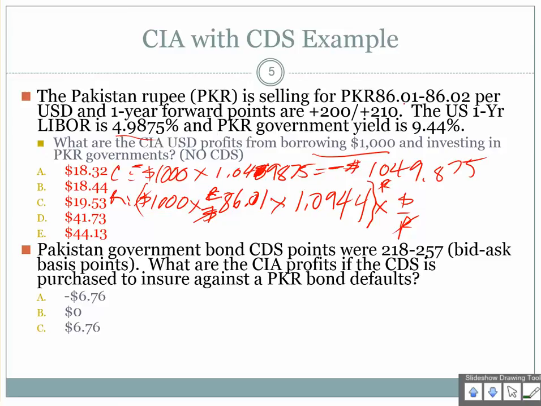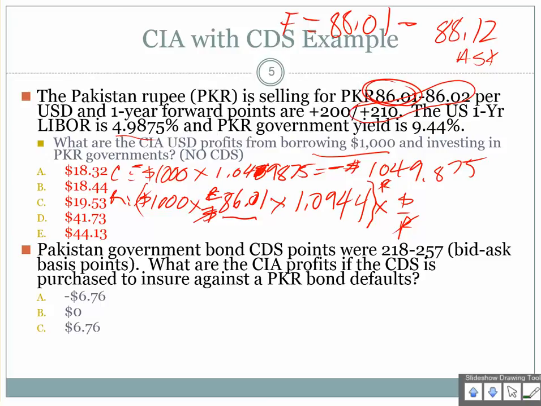Now, what I'm looking for here is the forward price. When I go to sell the rupees for dollars, I'm going to get hurt a little bit on the forward price. My forward price is 88.12. That's the forward market ask price. You can see the bid price is 88.01. By the way, the reason we use 86.01 is that when we sell dollars to buy rupees, due to the bid-ask spread, we wind up getting the bid in the spot.